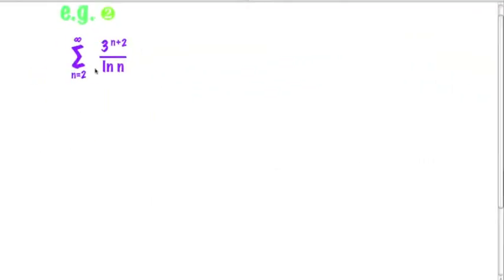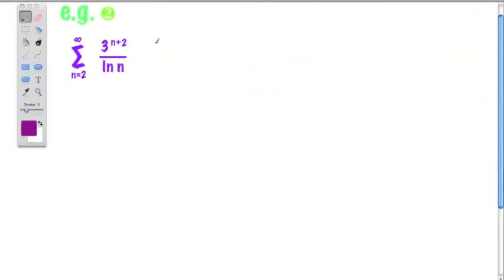So this is the second example. As usual, we put out the limit as n goes to infinity of 3 to the power of n plus 1 plus 2 over ln n plus 1.